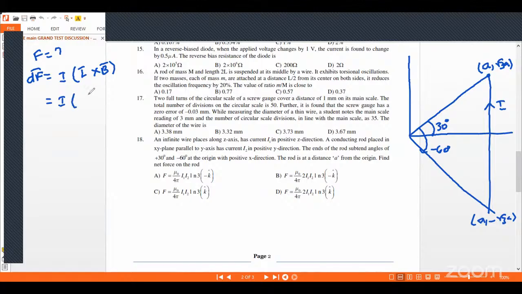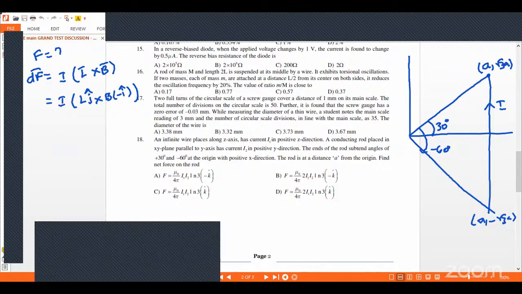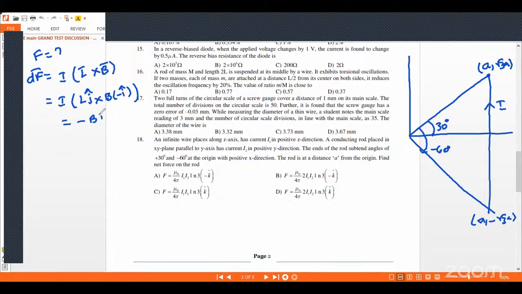So L j cap cross B times minus i cap. Fine. i cap cross j cap means k cap. So it is minus BIL times minus k cap.